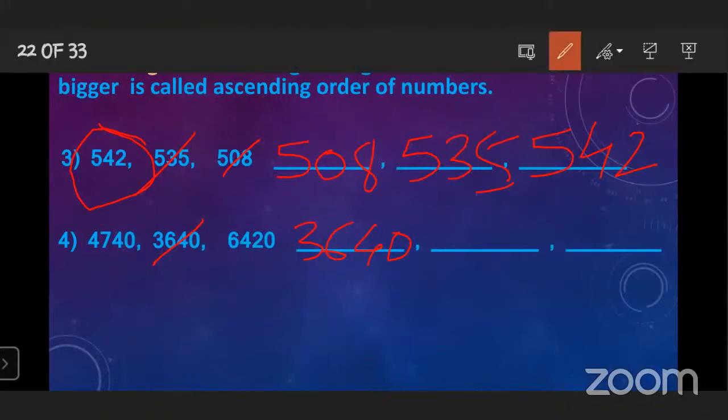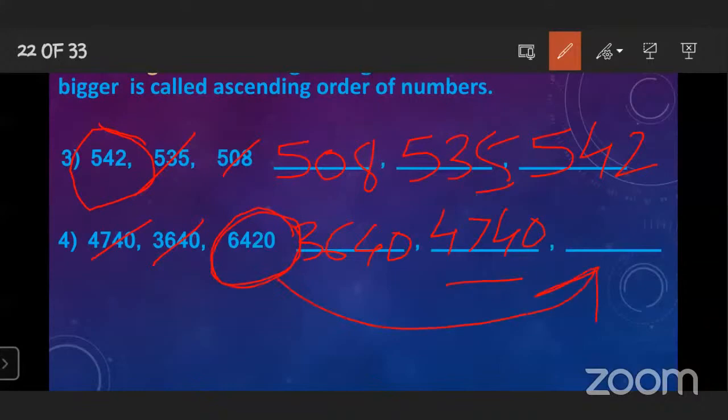So 4,740 is smaller than 6,420. I wrote here 4,740 first. After that, only one number is left now, 6,420, so we write it directly here.